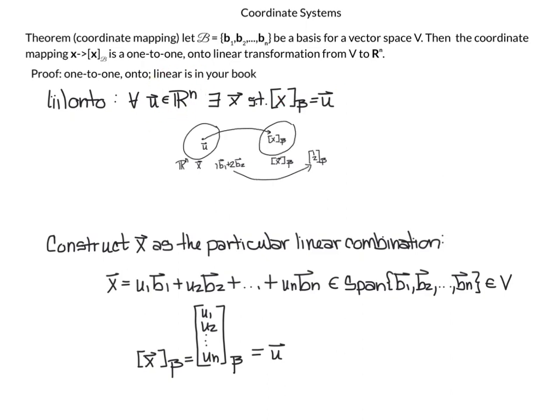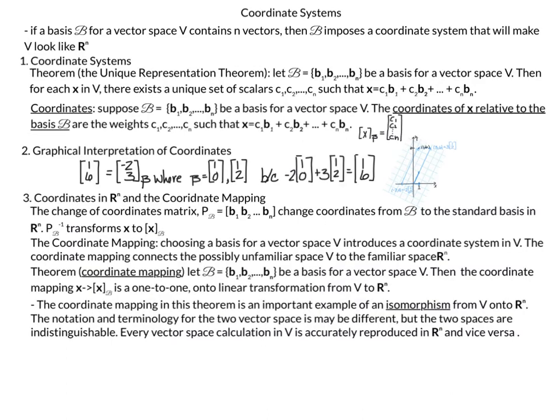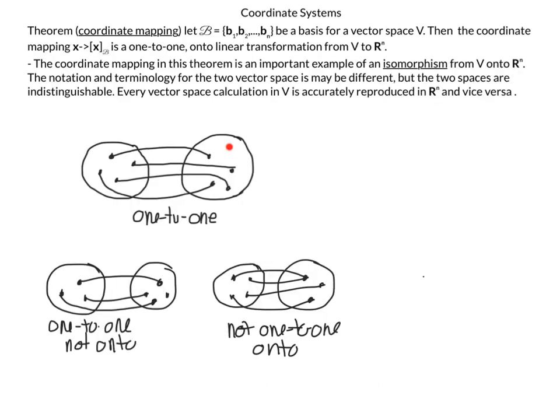Now let's talk a little bit more about this idea of isomorphism that we get from being one-to-one and onto. I have here a picture of 4 elements in our set B and 4 elements in our set A, and you can see that this picture is one-to-one as well as onto.